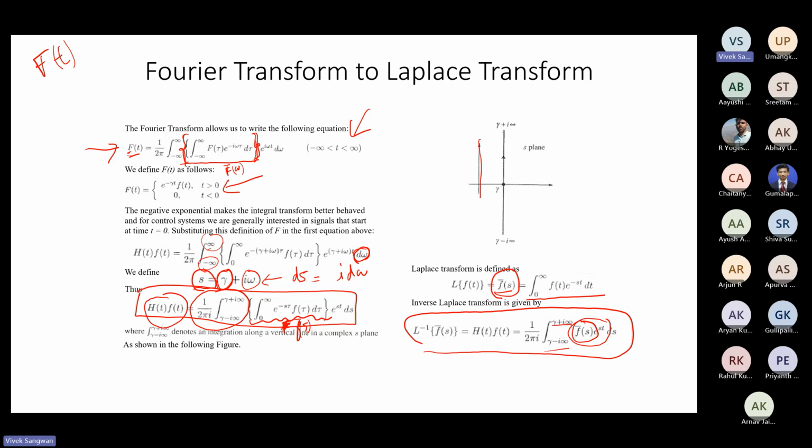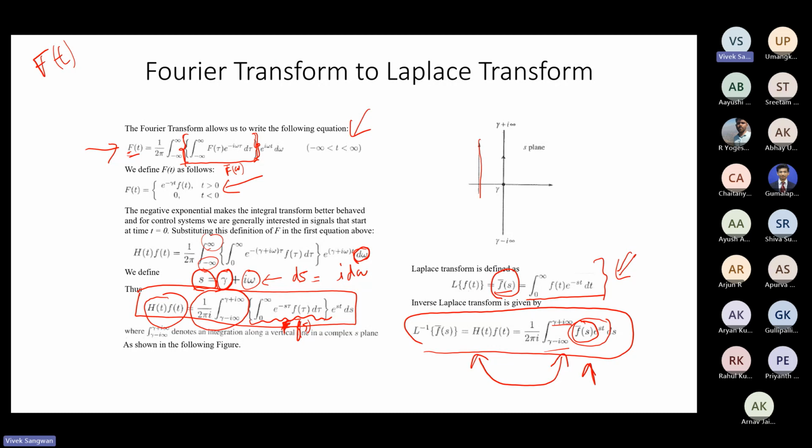So if you carry out this integral, you can recover the function back. But the point is, you use this often to compute the Laplace transform of a given function, but for the reverse, you never use this integral. You just use Laplace transform tables. You will use those to compute the Laplace inverse because this is too tedious to do.